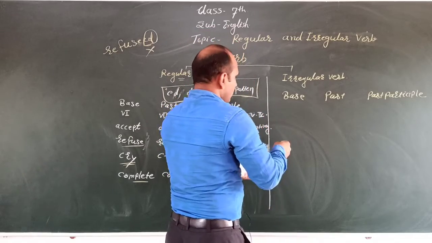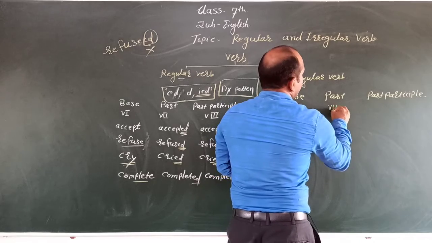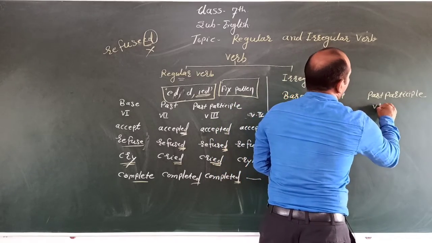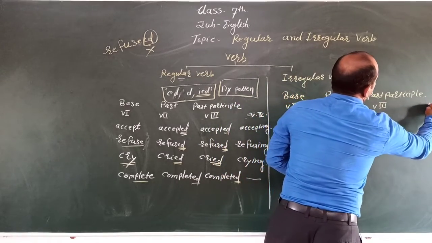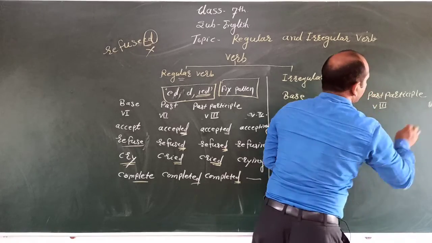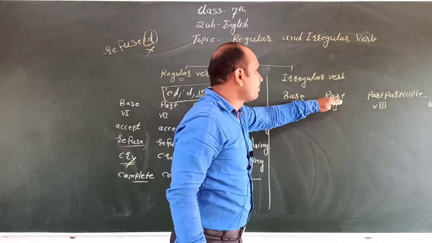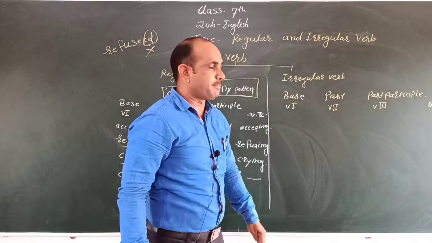Here base form we call the first form of the verb, then past form the second form of the verb, then third form of the verb, and we are also writing the fourth form of the verb. But now we discuss here only base form, past form, and past participle.